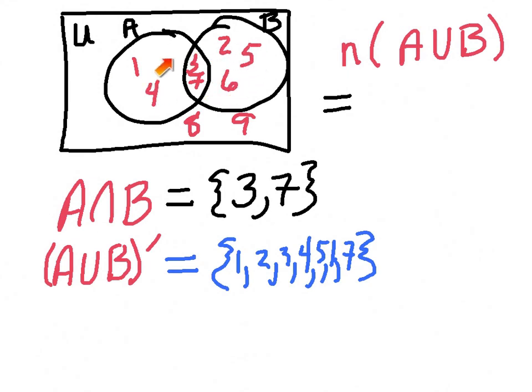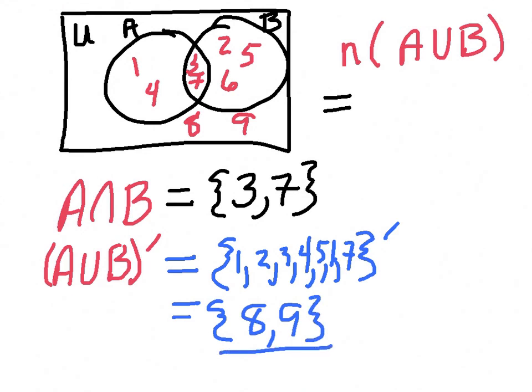Those are all in A or B, so that's A union B. And then what I do is I just put a little complement there. So what's the complement of 1, 2, 3, 4, 5, 6, and 7? Well, in my diagram, it's everything that's not in that set. So my final answer would be 8, 9, the elements that are not in the union. Kind of fun, nice little trick I have there.